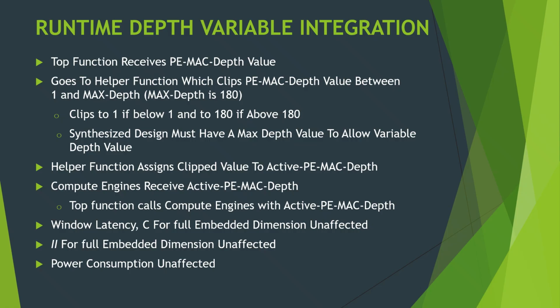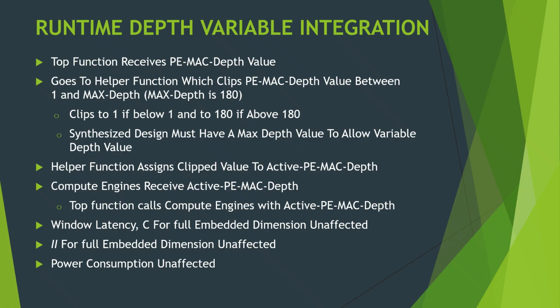If we are running it for full embedded dimension, that means we are setting the PEMAC depth value to 180, which is the full embedded dimension value. So after it has gone through the helper function, does it result in a window latency increase for full embedded dimension? And the answer is no, it didn't change.